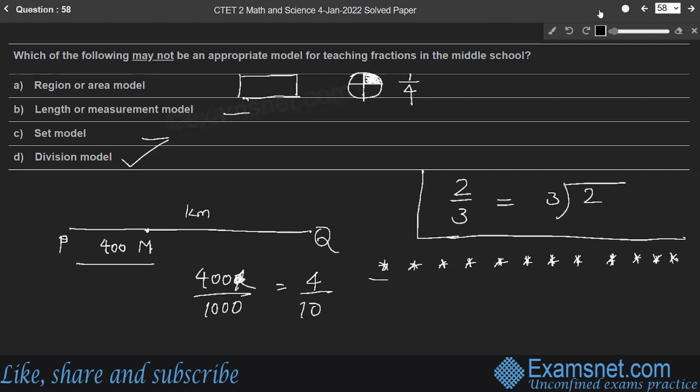A set of 12 stars. So these 3 stars are considered as 1/4 of the set of 12 stars. So here this division model may not be an appropriate model for teaching fractions.